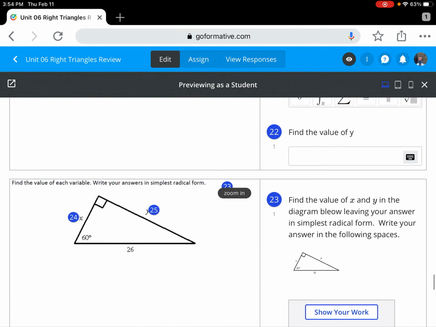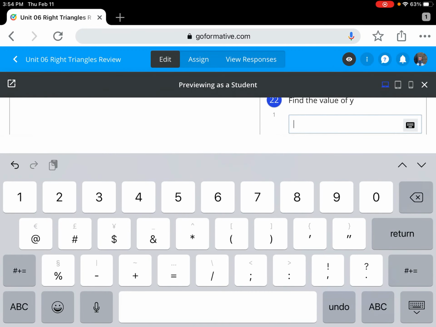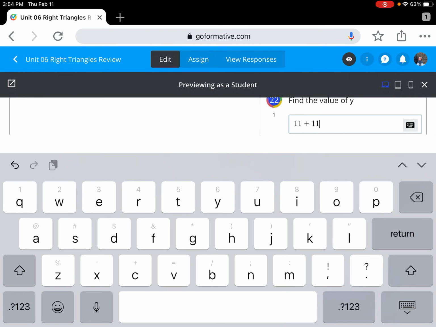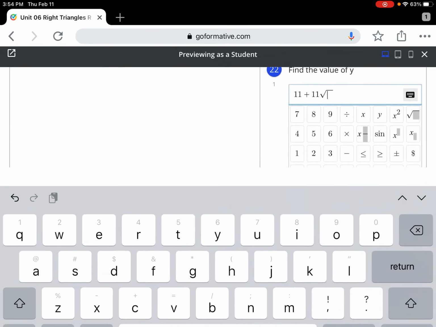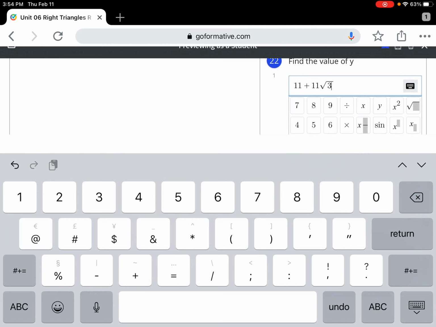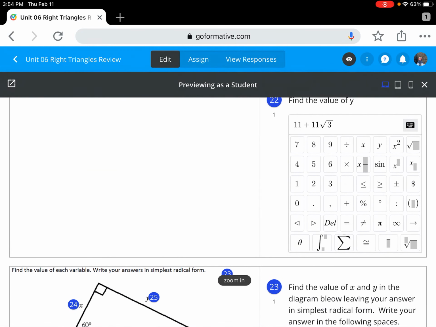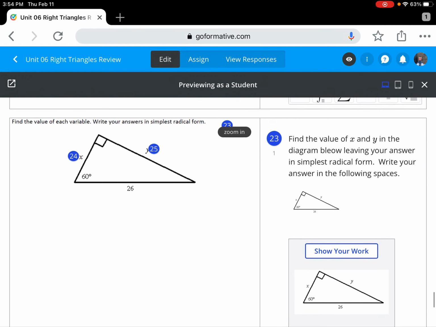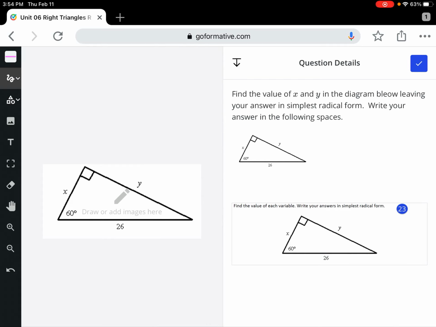And there you go. That's one of your options. Oh, that was for y. You guys have the idea. And then, of course, x was 11 radical 2, which you guys can do.